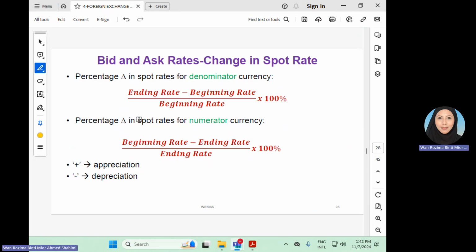For example, yesterday you check the rate, and today at 5 p.m. you check the rate and it is different. So you want to know the percentage change, and at the end of the day whether the currency appreciates or depreciates.